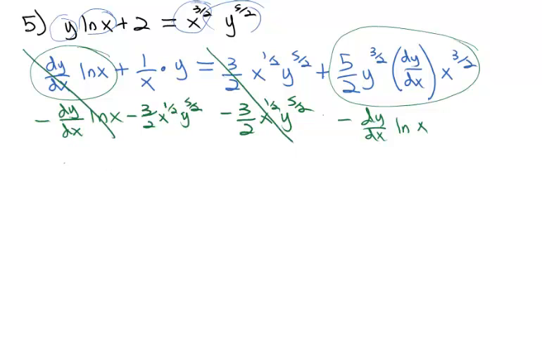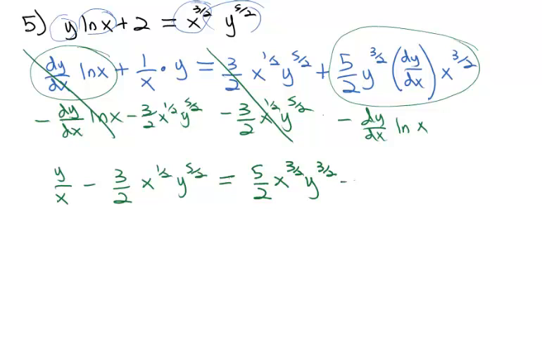So those are gone, and we have 1 over x times y, that's y over x, minus 3/2 x to the 1/2 y to the 5/2 equals 5/2 x to the 3/2 y to the 3/2 dy/dx, minus natural log x dy/dx.